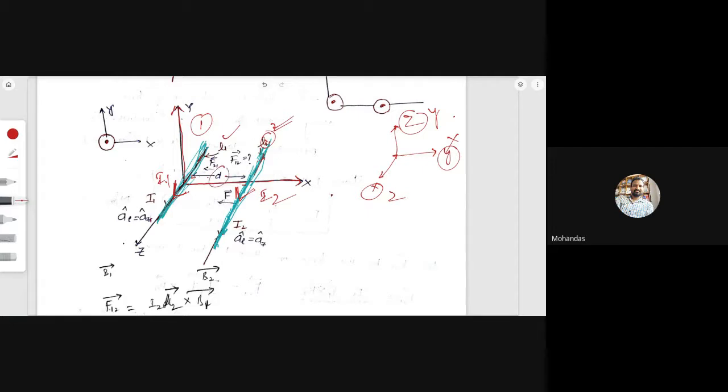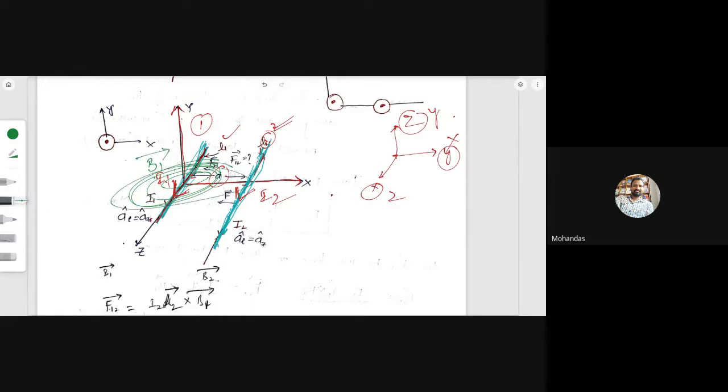So this is the distance d. Now, when the current is flowing through this conductor, according to Oersted's experiments, around this conductor there is a magnetic field B1.